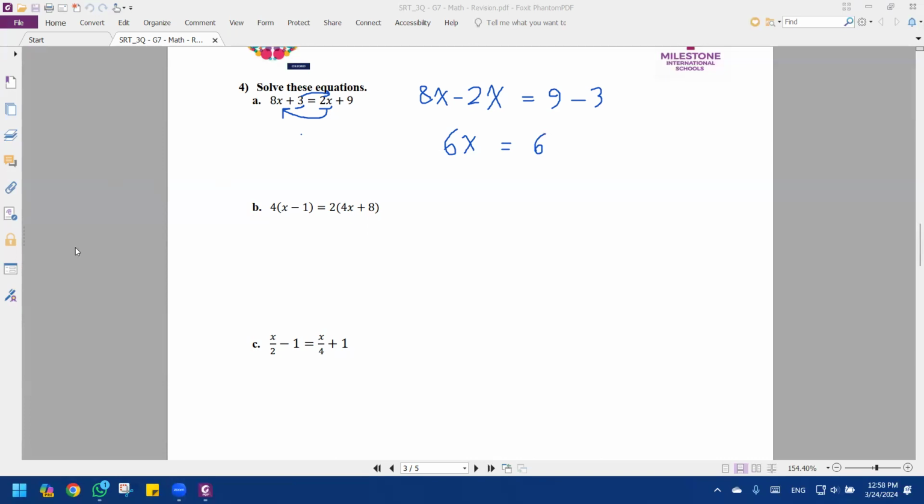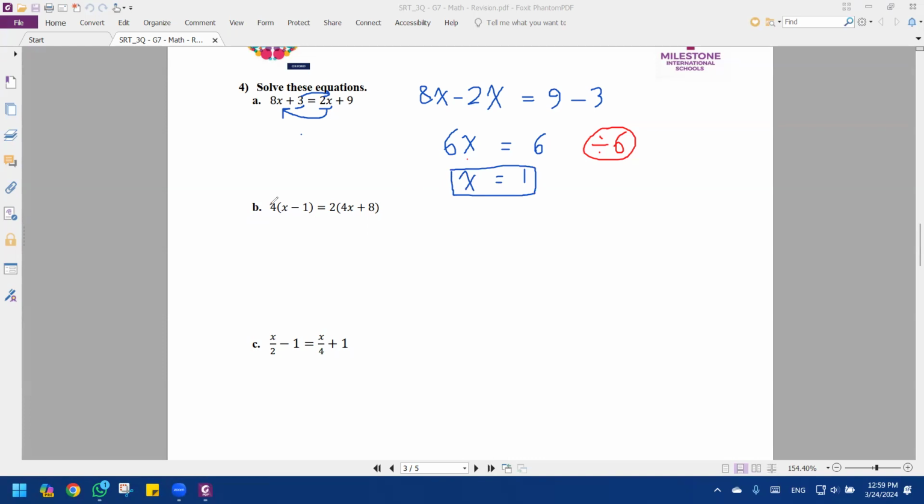Now I need x to stay alone. We check what I have next to it. I have 6, which as we said before, is 6 times x. If I need to remove something, I should do the opposite. Here it's multiplied by 6, so I divide the whole equation by 6. So here I will have x, and we divide both sides. 6 divided by 6 is 1. So this is the first solution. X is equal to 1.